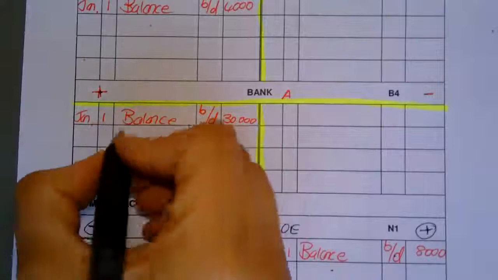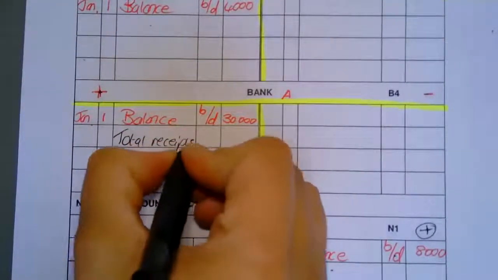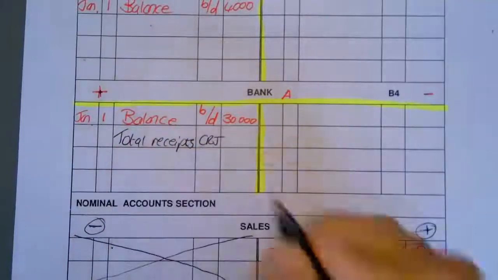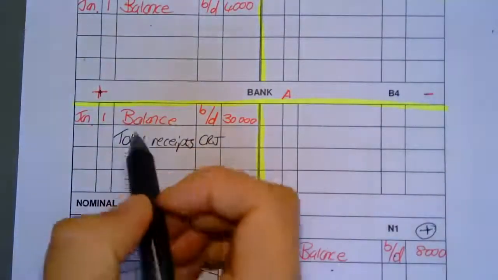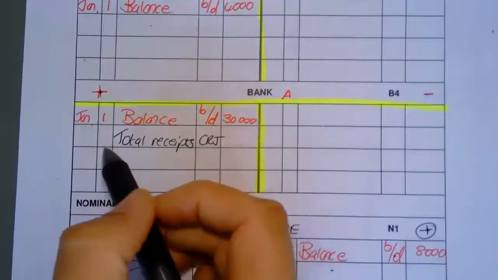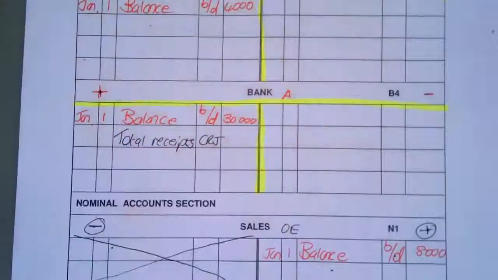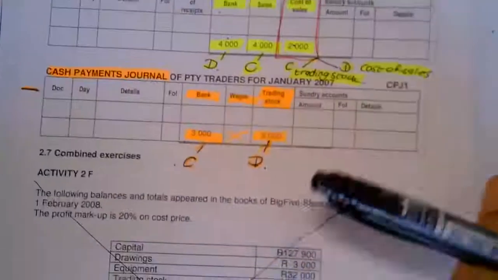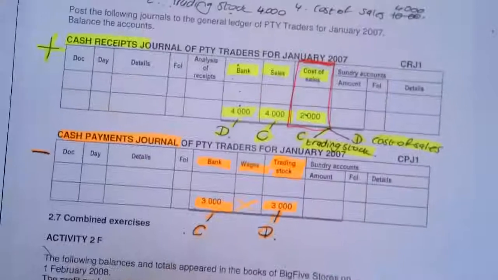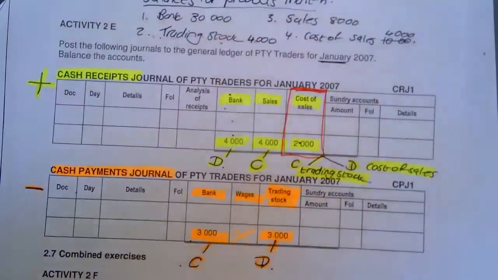On the debit side, you will have your total receipts from the CRJ. Always, always, always. You can also write sundry accounts, but for now I'm going to teach you to write total receipts. It's easier to remember. And remember, we do the ledger at the end of the month. So go and see what month we're busy with: January. So what is the end of January?